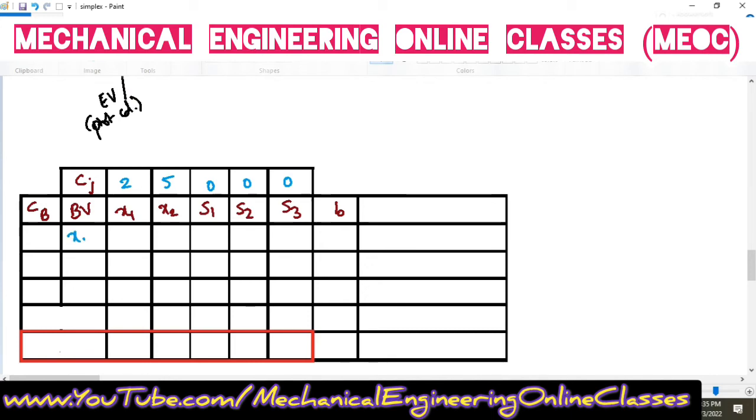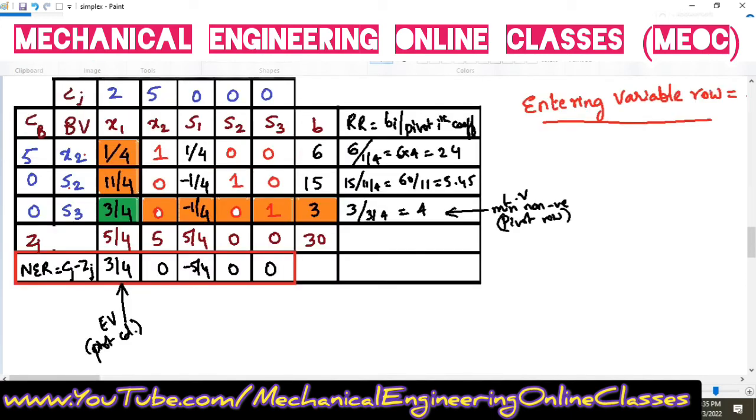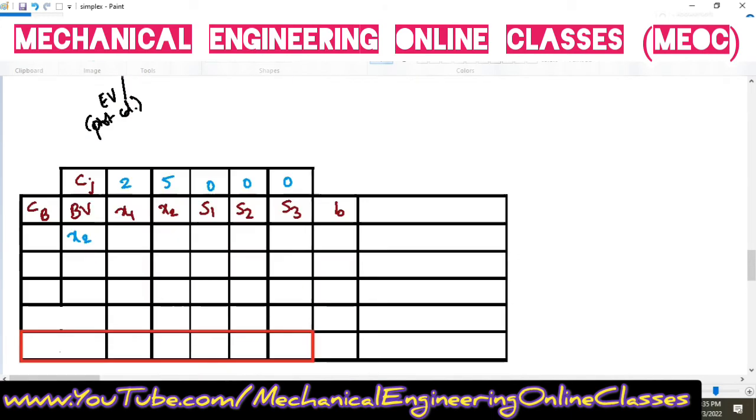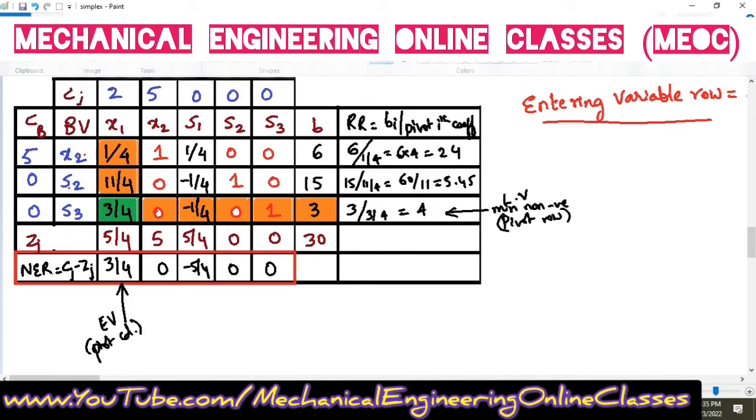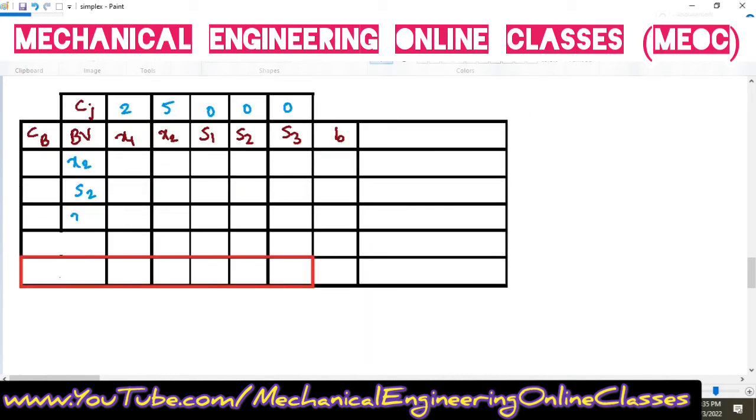This is x2. Then s2 is also remaining. This is s2 and s3 is the leaving variable. In place of s3 comes x1. So the coefficient of x2 in z is 5. For s2 it is 0. For x1 it is 2.